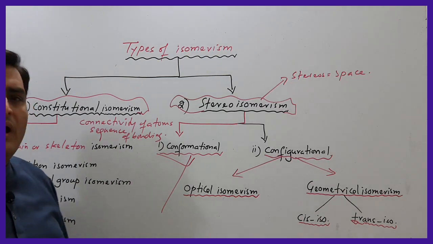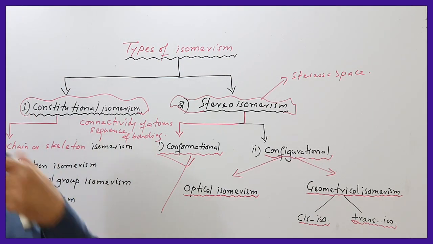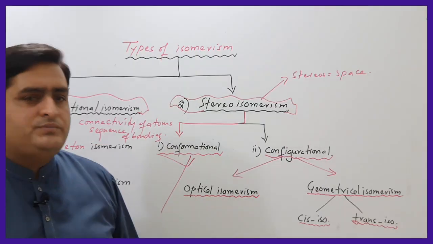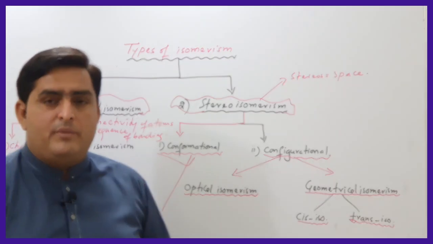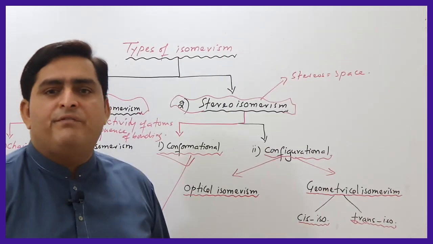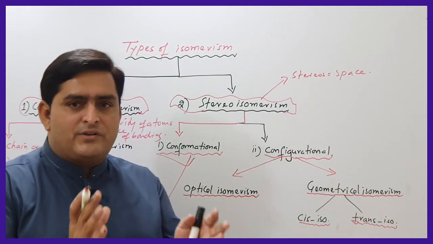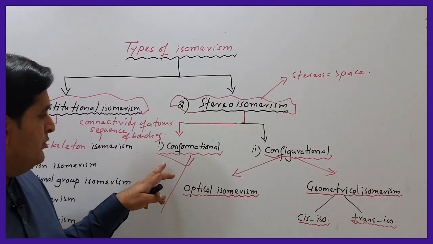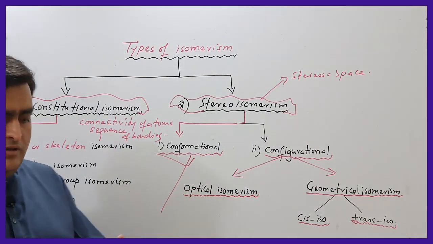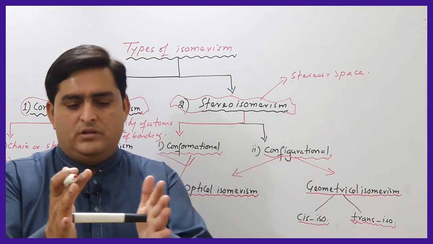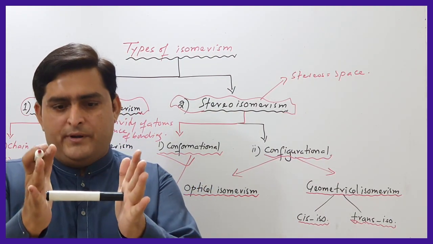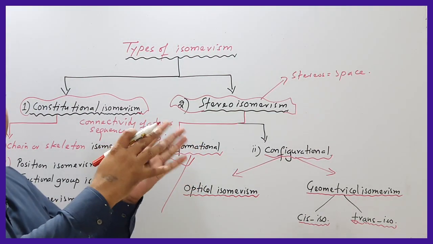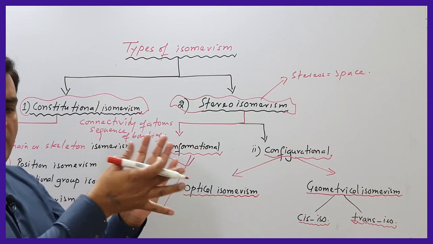Mostly alkanes and some cyclic compounds show conformational isomerism. These isomers have the same molecular formula, but they have different energies due to different extents of free rotation of the carbon-carbon single bond. If we have this compound, this is a carbon-carbon single bond, these are the 2 carbon atoms, and these atoms or groups can rotate.